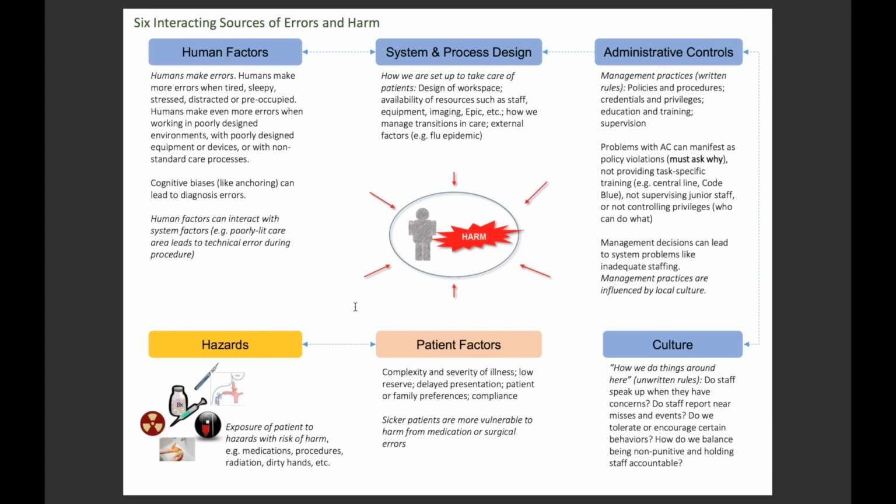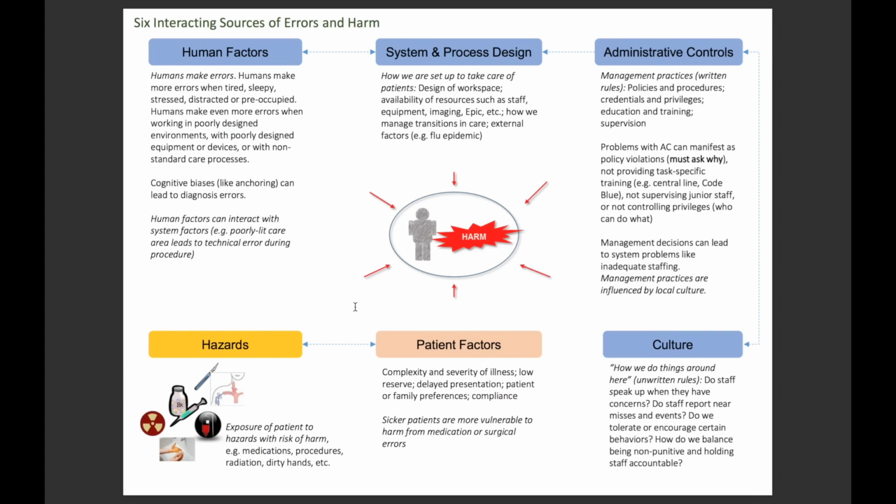And that has led to differential mortality rates between institutions. So administrative controls are a giant deal, and we sometimes don't pay attention to them. Hazards, we talked about patient factors. We talked a little bit about how sicker patients are more vulnerable to harm from medication. Depending on how frail the patient is, you may not have a lot of leeway in making an error that causes harm.